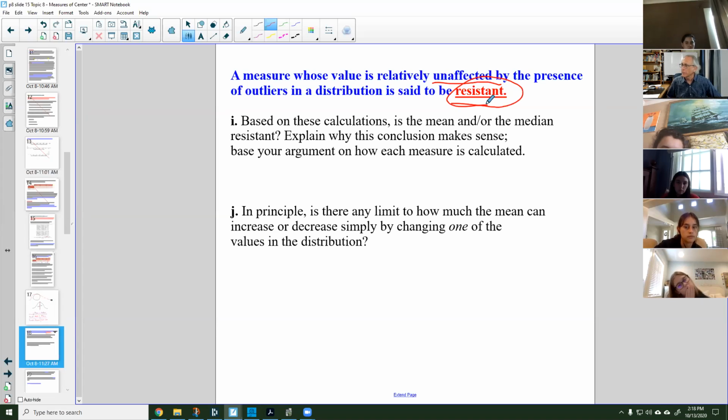Alexis. Would it be the median? Yeah, the median is resistant to outliers. We saw that. We had an outlier that weighed 2,000 pounds, and that outlier didn't affect the median at all, right? It had a huge effect on the mean, right?